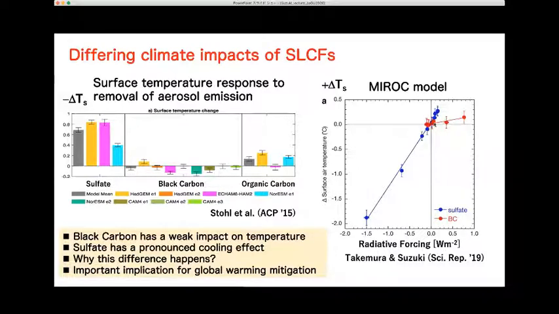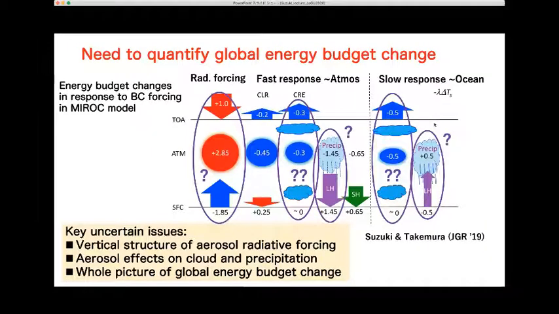But there is still a large uncertainty in this kind of argument, so we need to better understand this. To that end, what is fundamentally important is that we need to quantify the global energy budget.